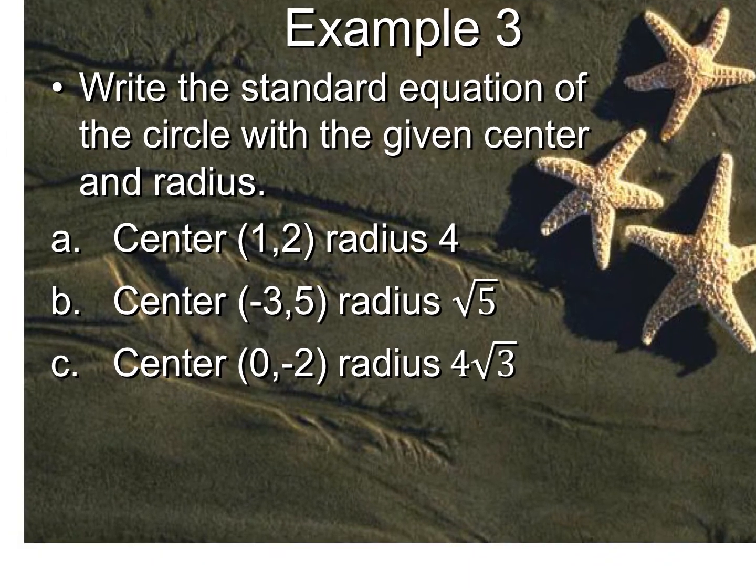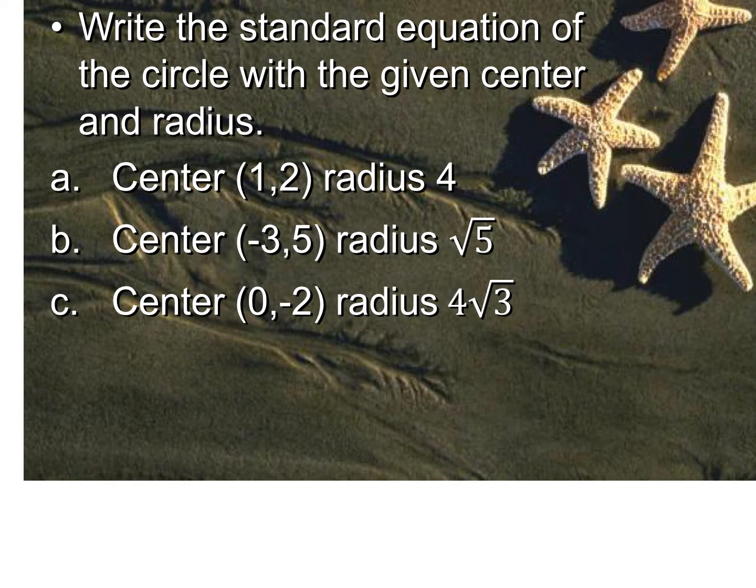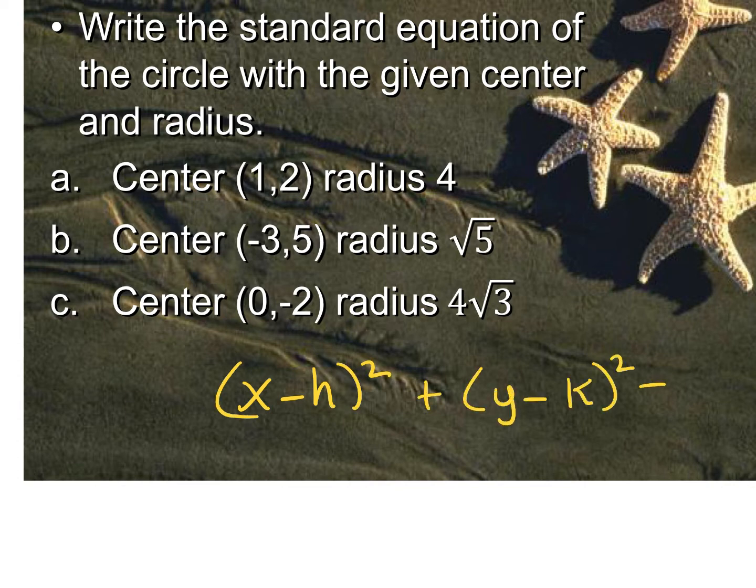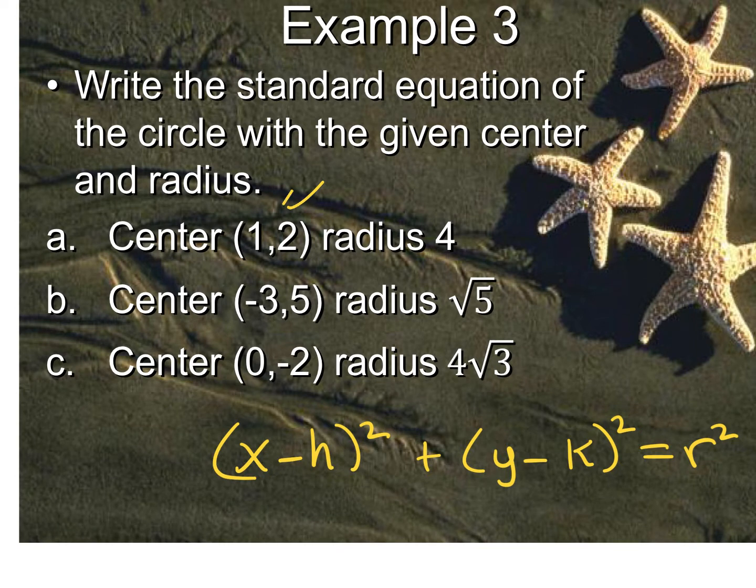So again, the formula we're using here to find the standard form is x minus h squared plus y minus k squared equals r squared. Again, the center point, all of these centers here, this is the ordered pair h, k.